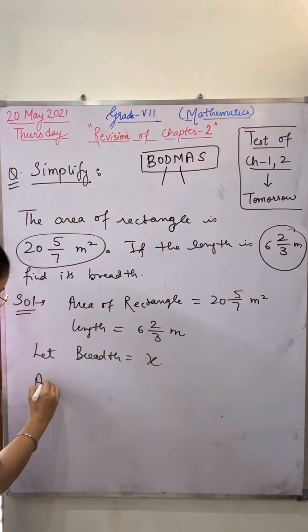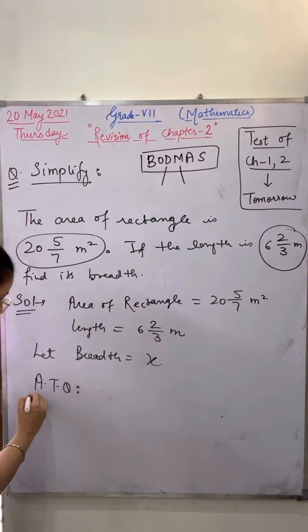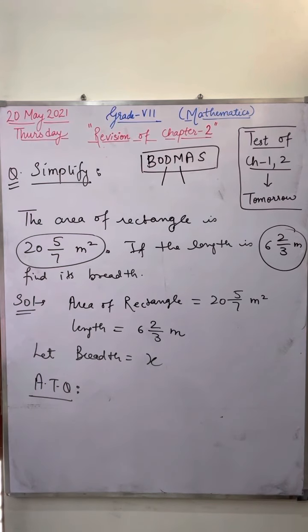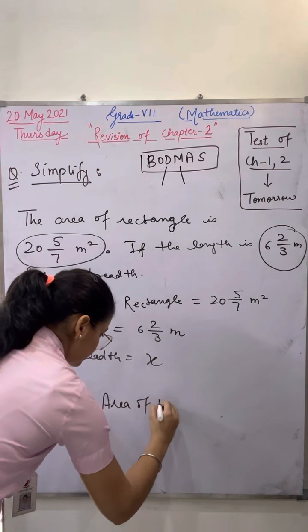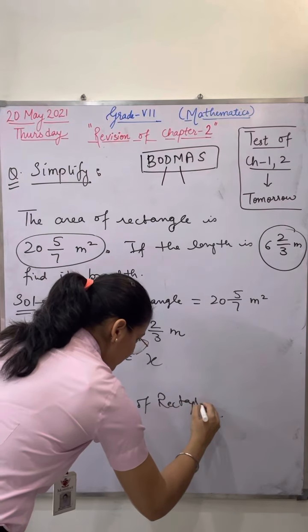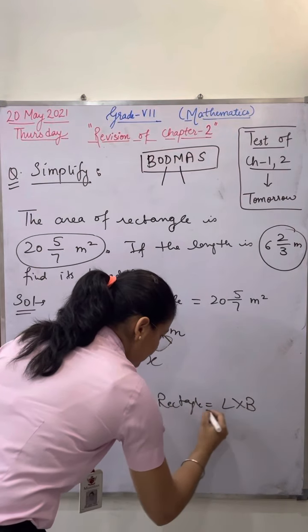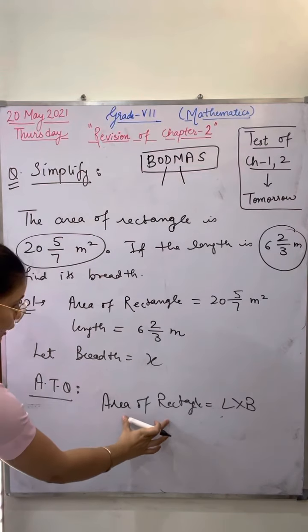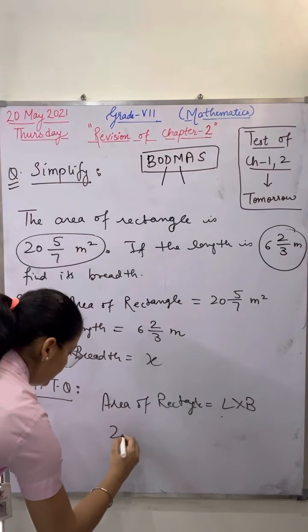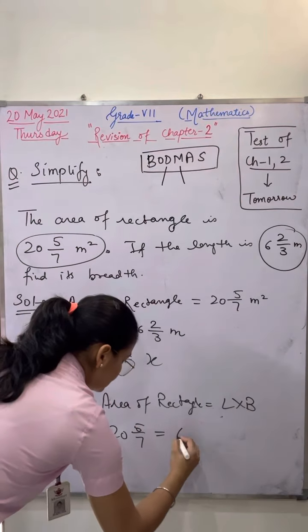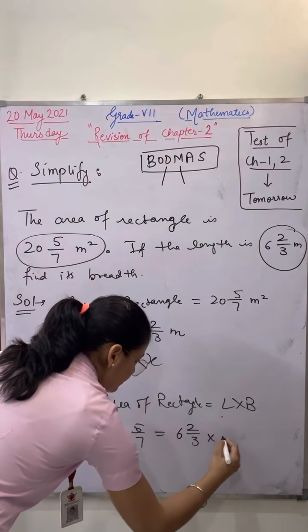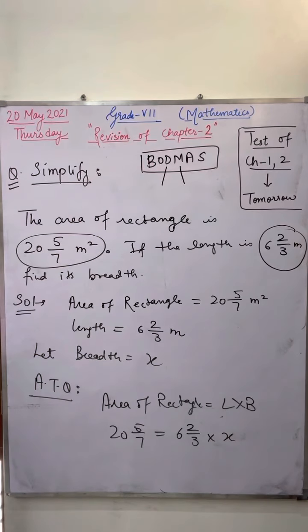Now according to the question, area of rectangle is equal to length multiplied by breadth. Area of rectangle is given, that is 25 by 7, is equals to length 6 by 3 multiplied by x. In this way you have done.